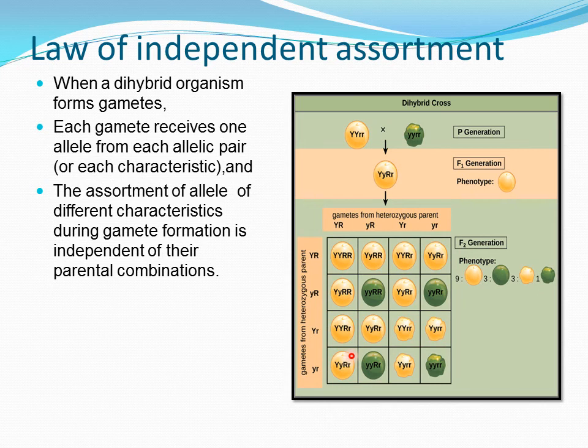Now here we can also see independent combinations. Round and yellow, we have seen this combination in the parent and also in the children. Wrinkled seeds with green color, we have seen this also in the parent as well as in the child. But the new combinations we have not seen before are round seeds with green color and wrinkled seeds with yellow color.